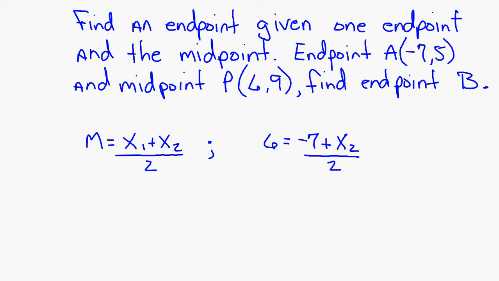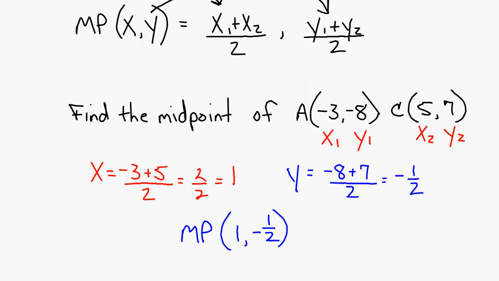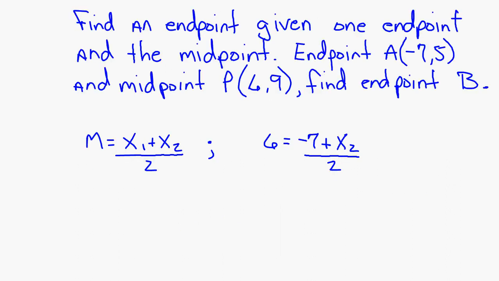Does everybody see what happened? Look, when we were finding the midpoint, this was your midpoint value, and we inserted the two endpoint x's. Now we're given the midpoint. Midpoint's at 6, 9.